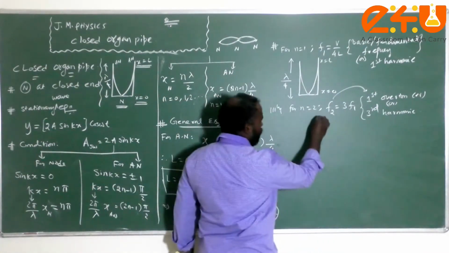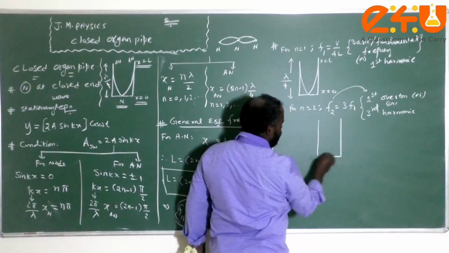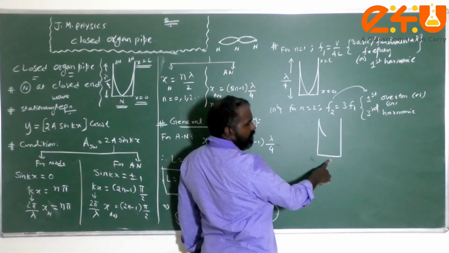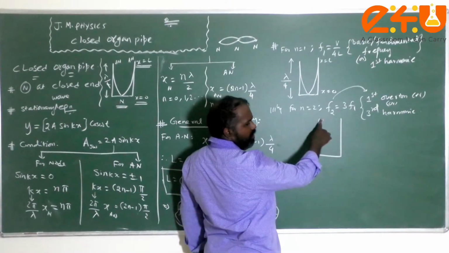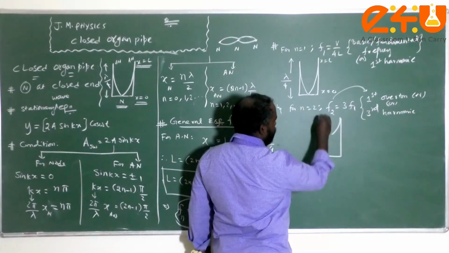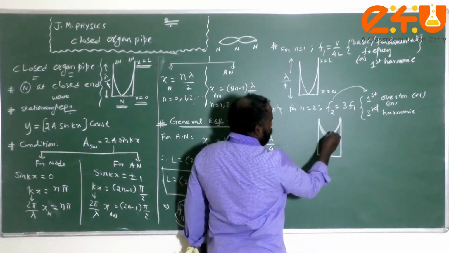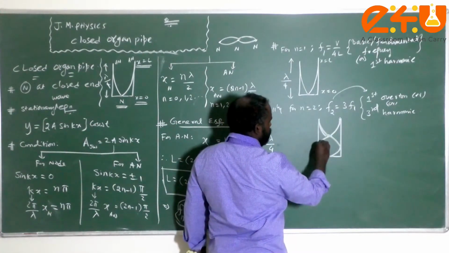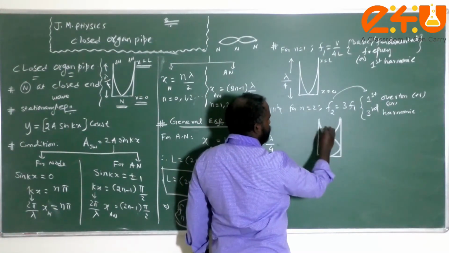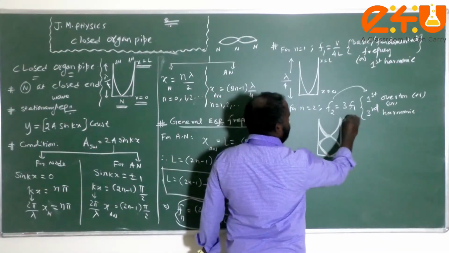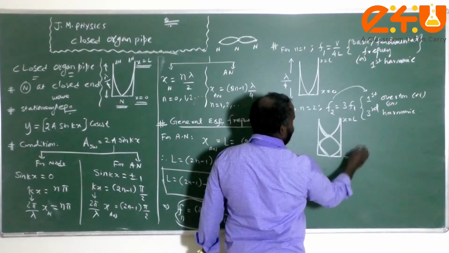In this case we can write, as I said, children, that nodes are always at the closed end and antinodes always at the open end. Please keep that in mind. Again the length of the tube does not change, so the L value remains.